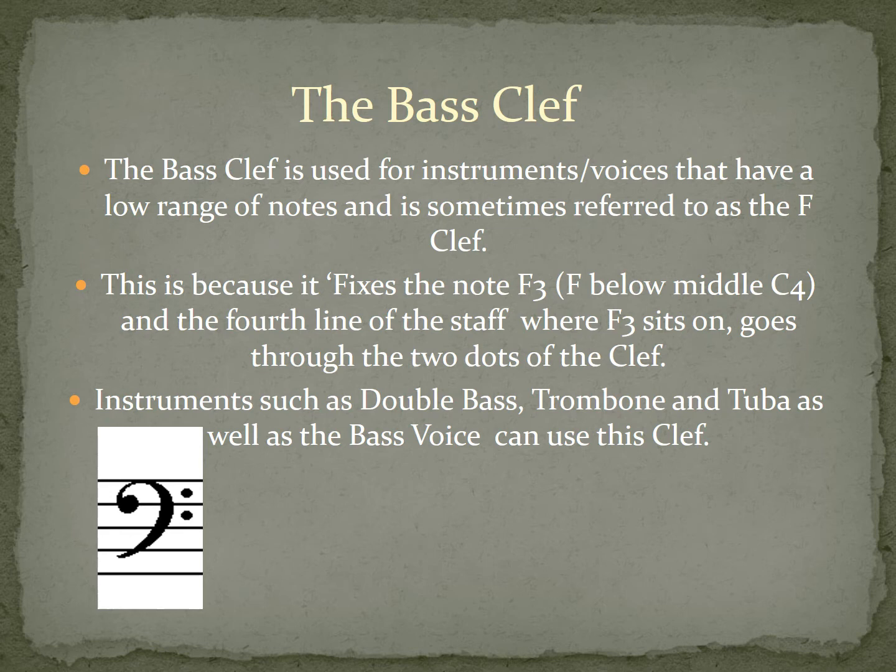And as you can see by the diagram, the fourth line of the staff, where the F note would normally go on, goes right through between the two dots of the clef. Instruments such as the double bass, the trombone, tuba, as well as the bass voice again, can use this clef.